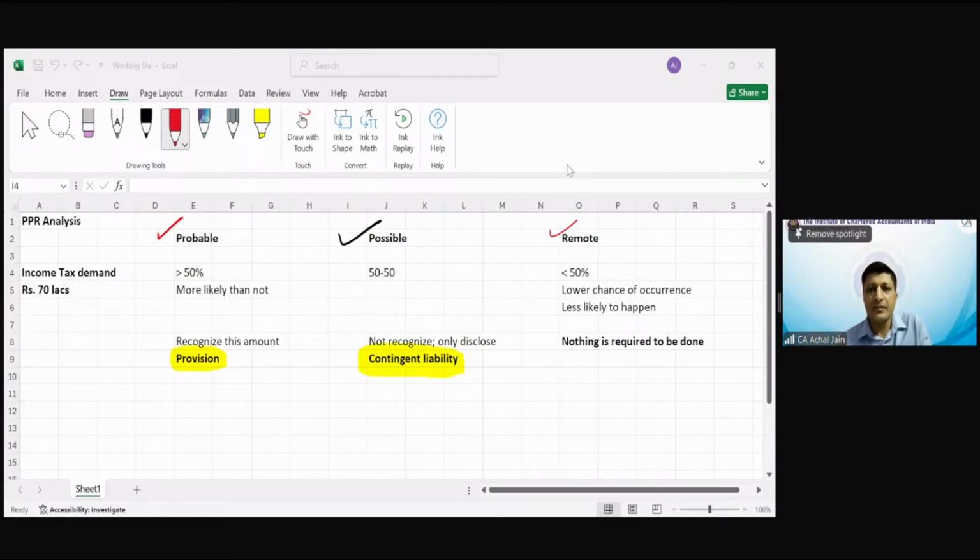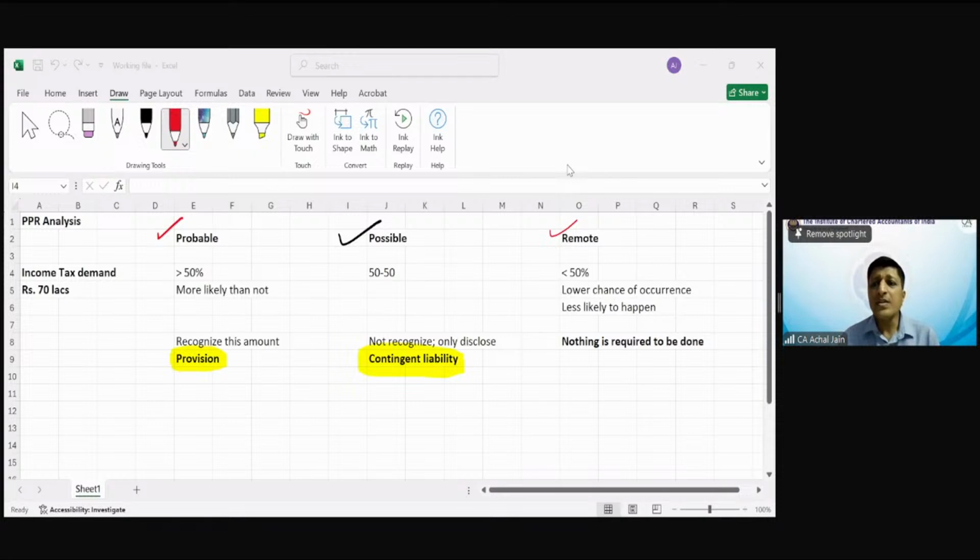So there's no asset. Yeah, in case of a remote thing, you don't do anything. Yeah, nothing is required. Nothing means you'll just read the document and full stop. You will not do anything in the financial statements as far as this matter is concerned. Clear?